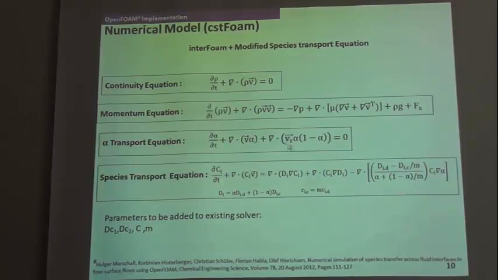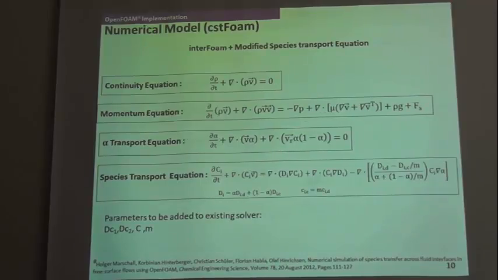So VR is basically known as compressive velocity, and it depends on a parameter called C alpha, which will be defined in every solution case. If you have its value as 0, this term won't be taken into account and there won't be any compression. However, a value of 1 for C alpha invokes compression, and if you further increase the value of that parameter to 1.5, the interface becomes crisp.